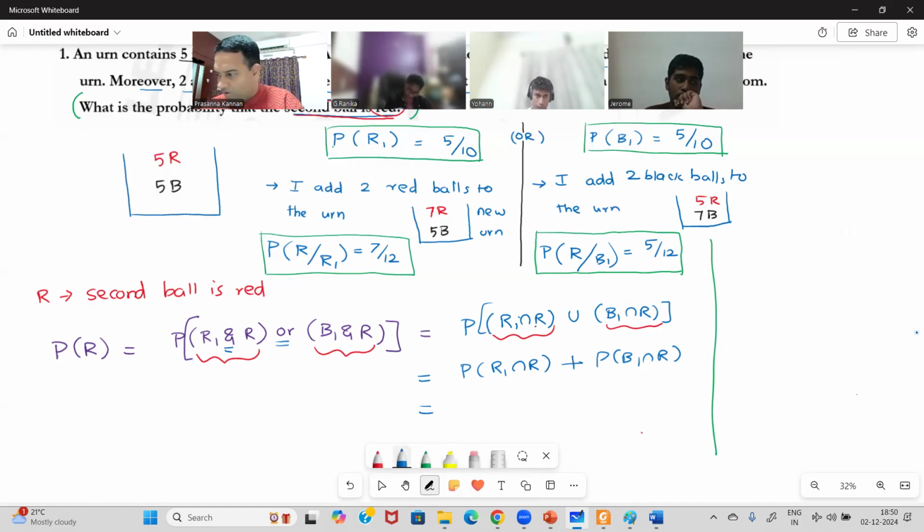Okay, now tell me, Ranika, what is P of R1 intersection R? It would be P of R into P of R1. R1 is first, so please tell me from that. It would be P of R1 into P of R given R1.